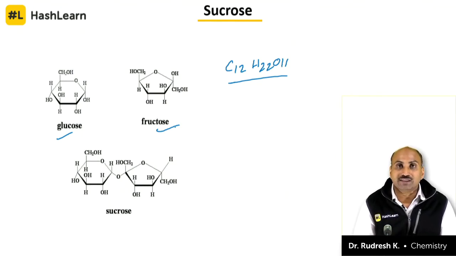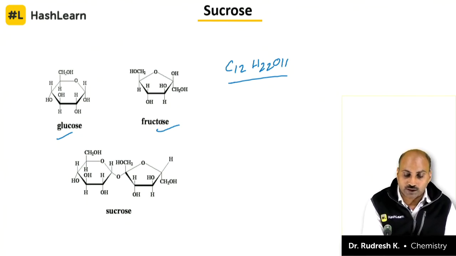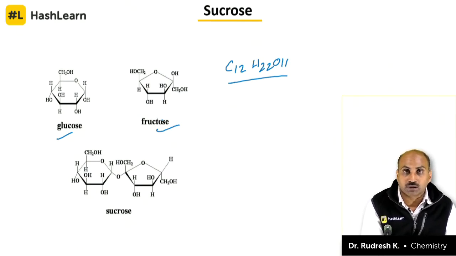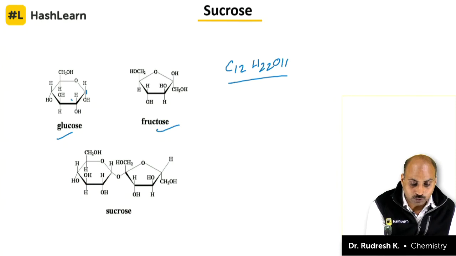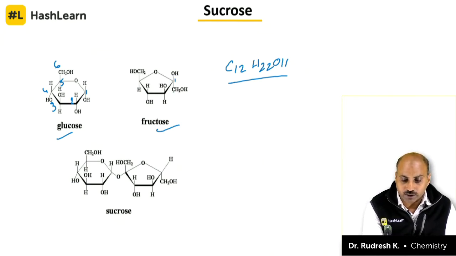Now, when these molecules are hydrolyzed, we get different molecules of glucose and fructose. How are they joined together, and what kind of linkage exists between these two monomers? Now, if you observe carefully, if I number the carbon atoms, that is 1, 2, 3, 4, 5 and the terminal alcohol group contains the 6. Similarly, here 1, 2, 3, 4, 5 and 6.